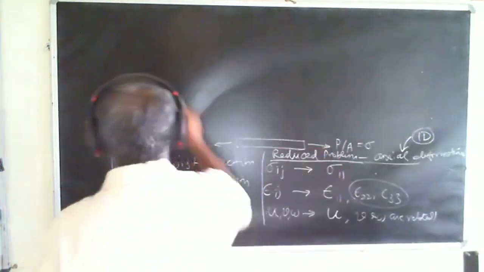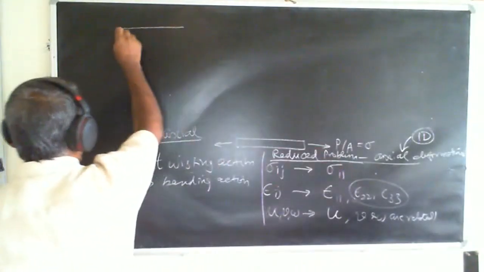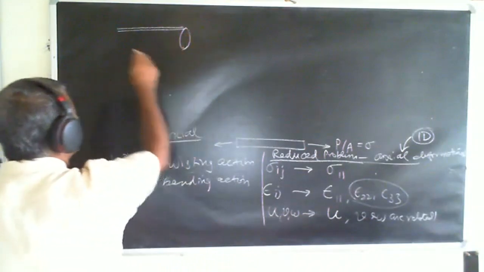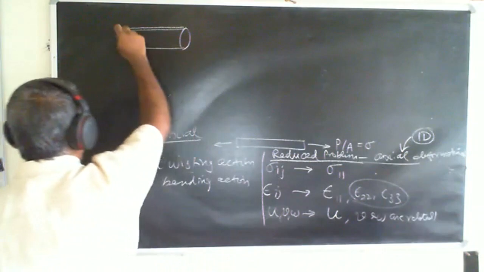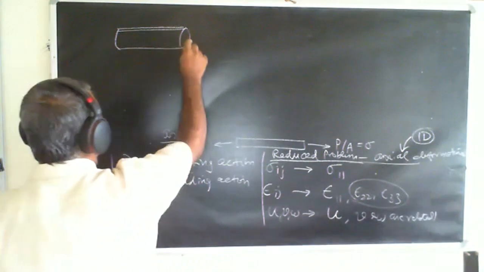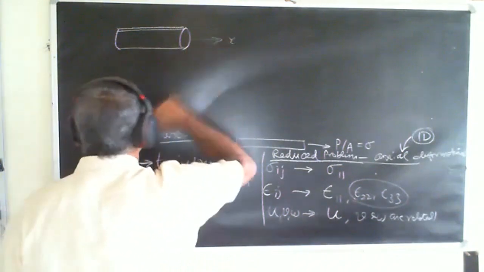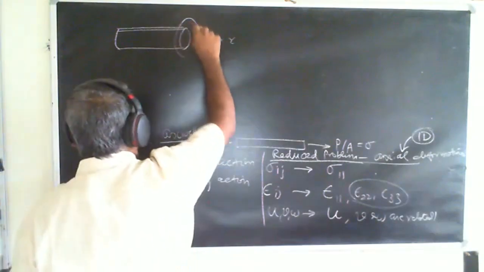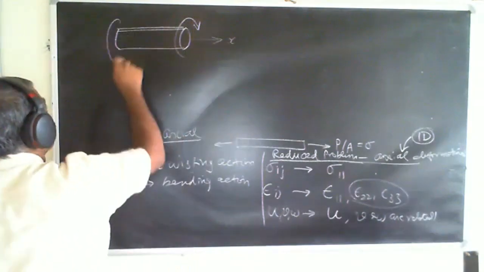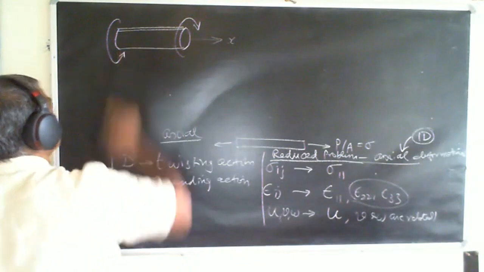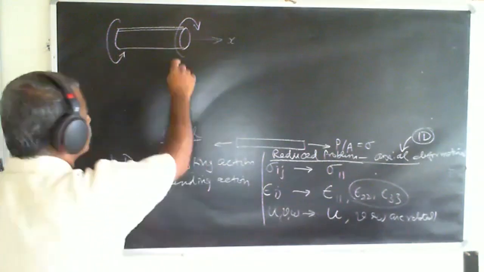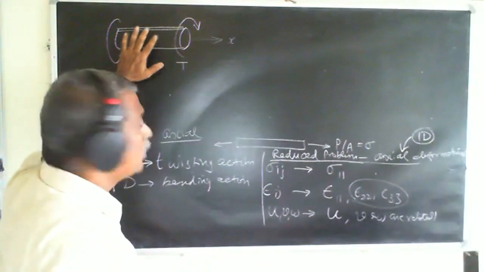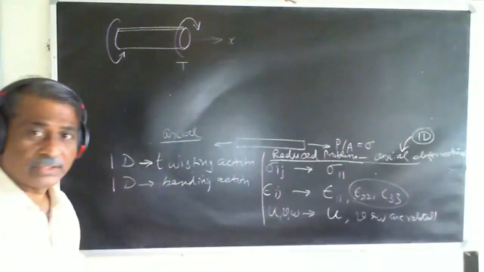So when we take, let's say, a simple thin hollow tube, and subject it to torsion, this is going to go through a twisting action, right?